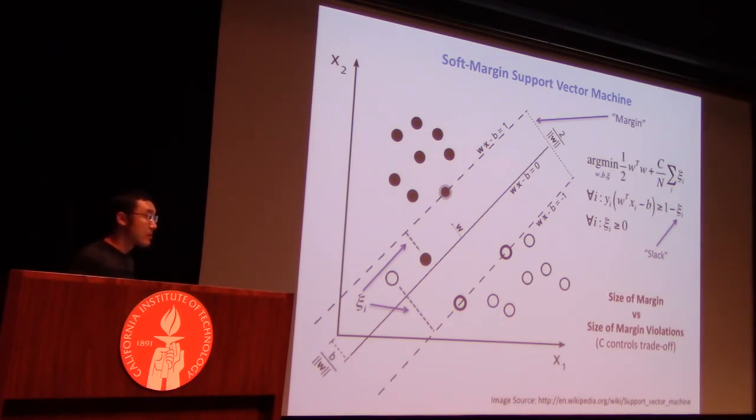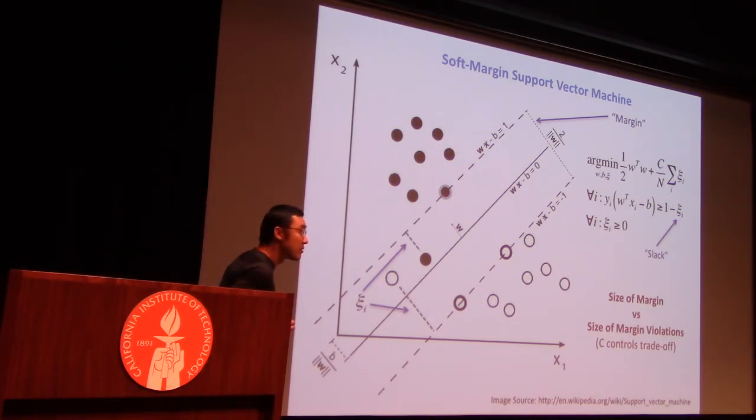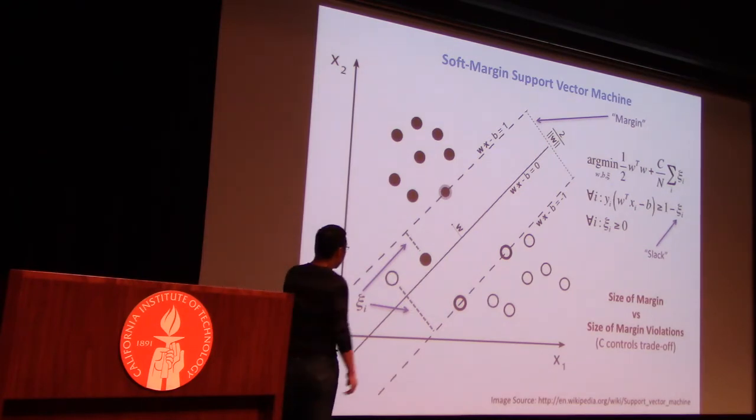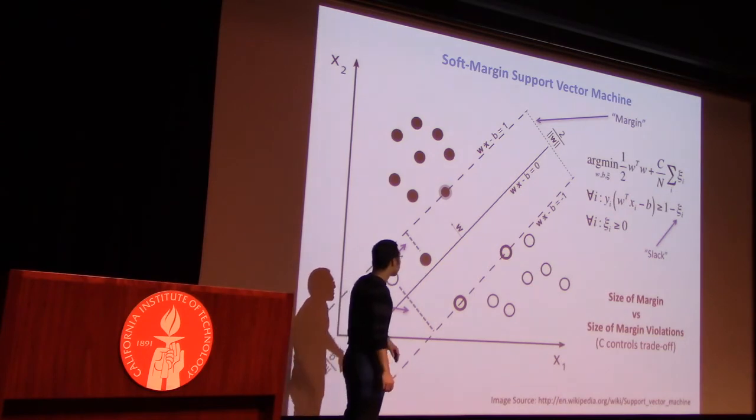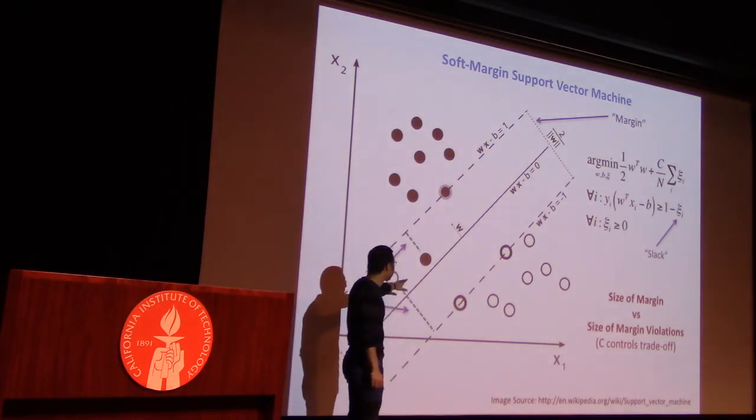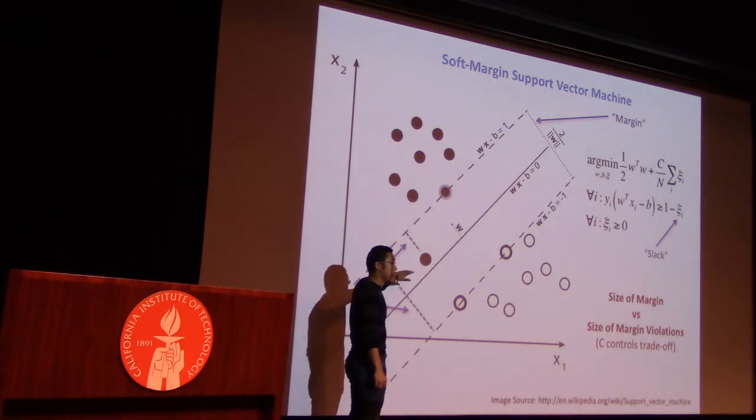Yes. For C greater than some value, we should not have... Let's assume the black dot just moves a little to the left, so there's no specific line separating. You're assuming that there is a line that you can draw? No, there is no. I believe I created this example such that there does not exist any line that can separate the black and white.